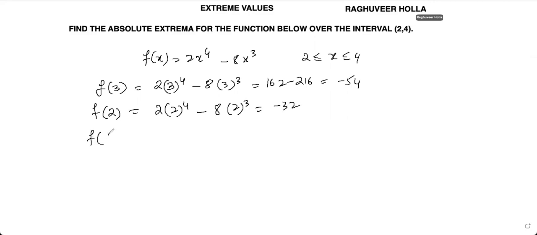And f of 4 is 2 times 4 to the power 4 minus 8 times 4 cube, which is 0. Okay. So f of x has the absolute maximum when x is 4, and when x is equal to 3, it is the minimum.